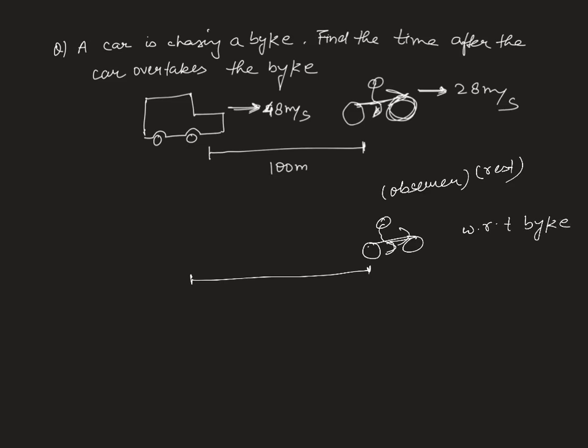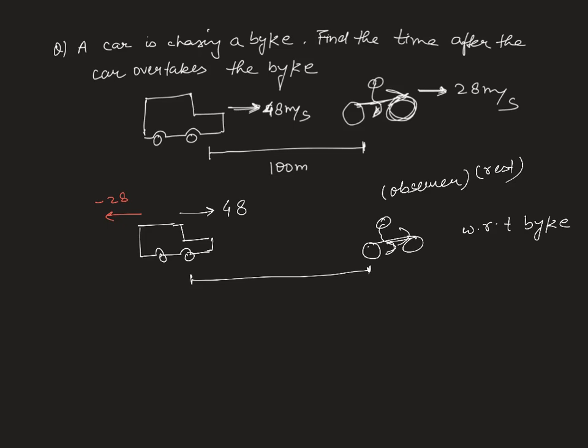Now, what is the velocity of your car going to be? Since the bike has come to rest, the car will get a negative velocity of minus 28, and it has an original velocity of 48.